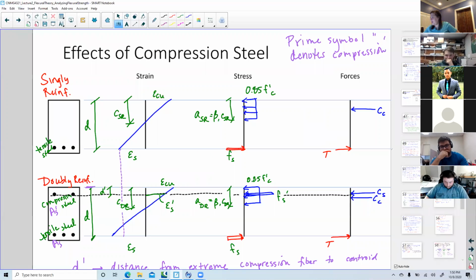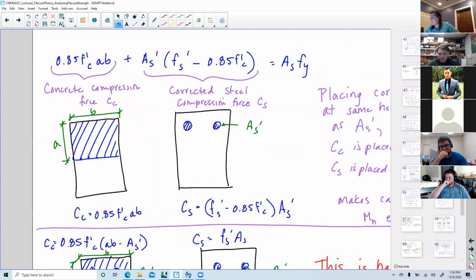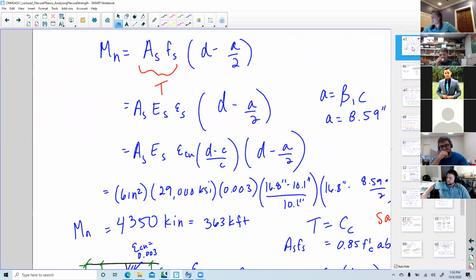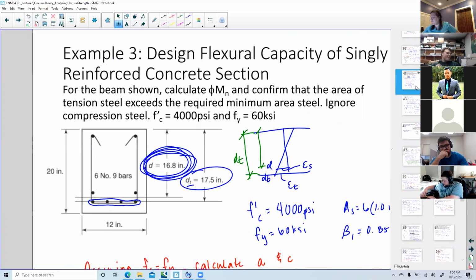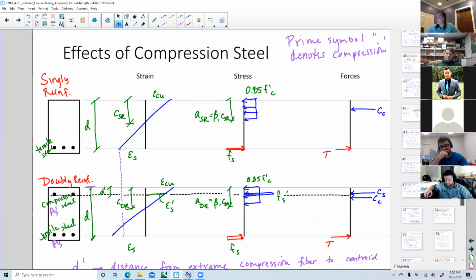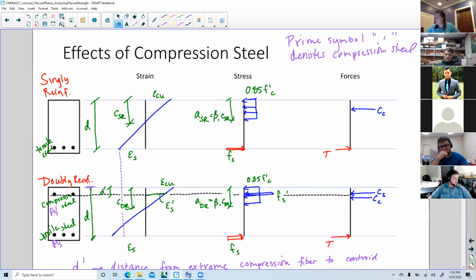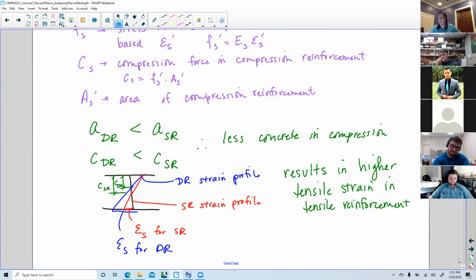Compression steel is used, but often you don't include it in your calculations.